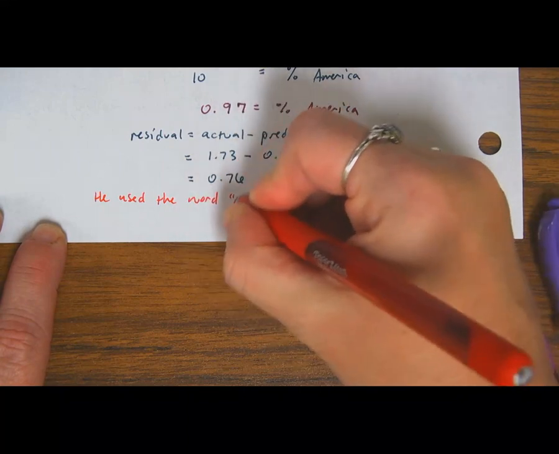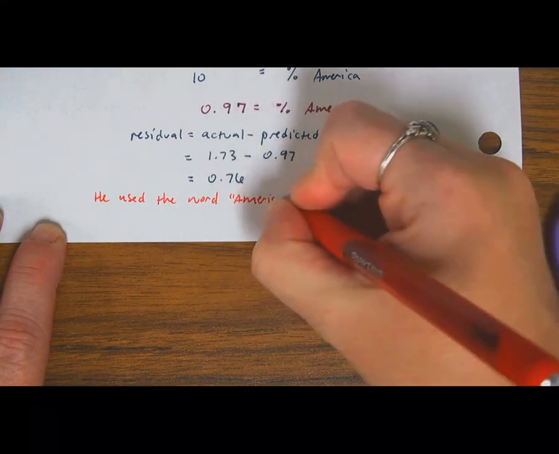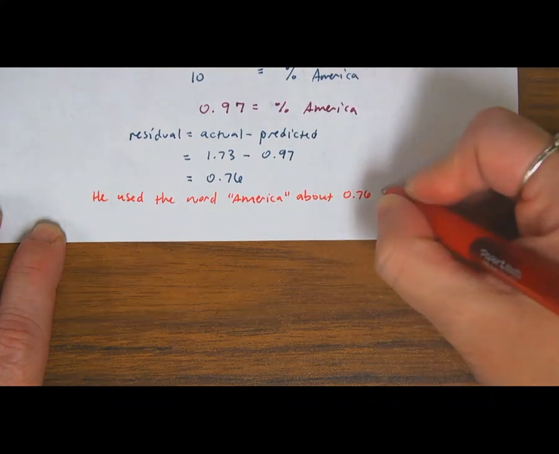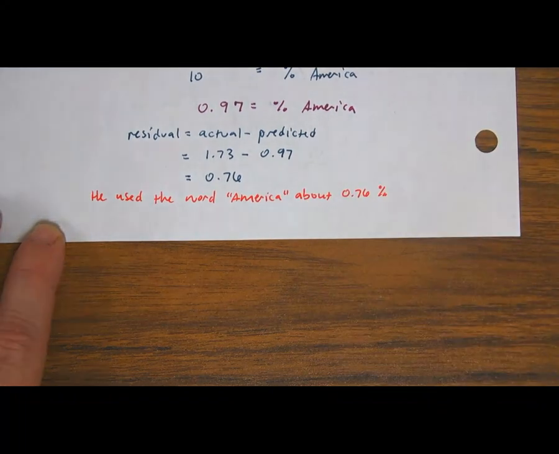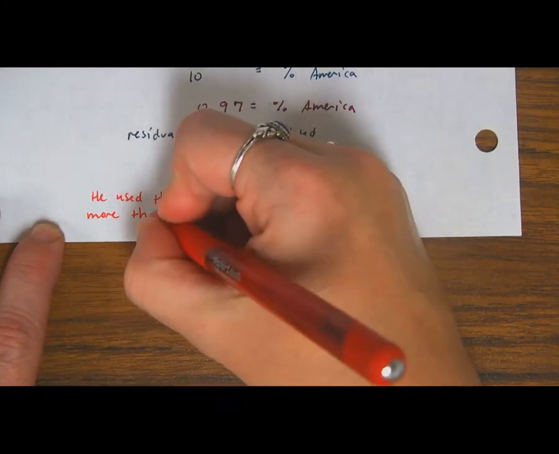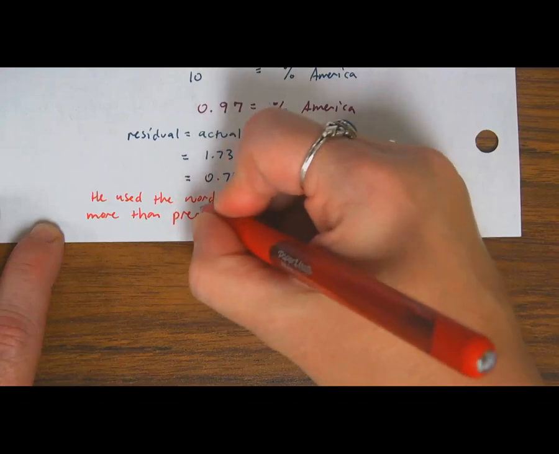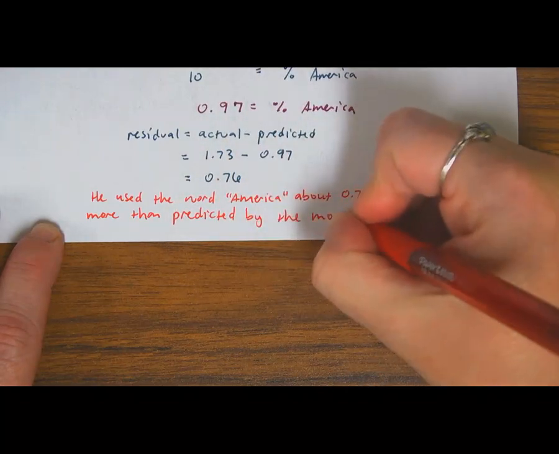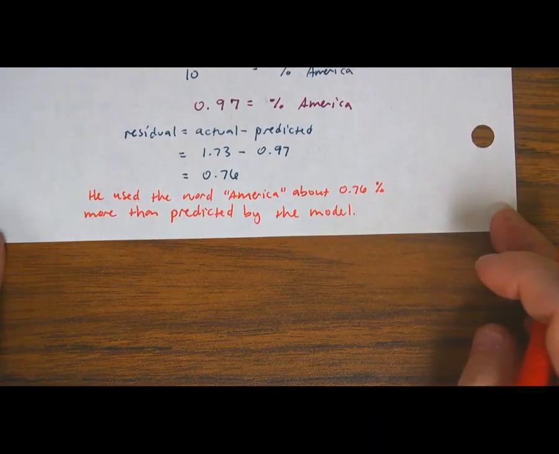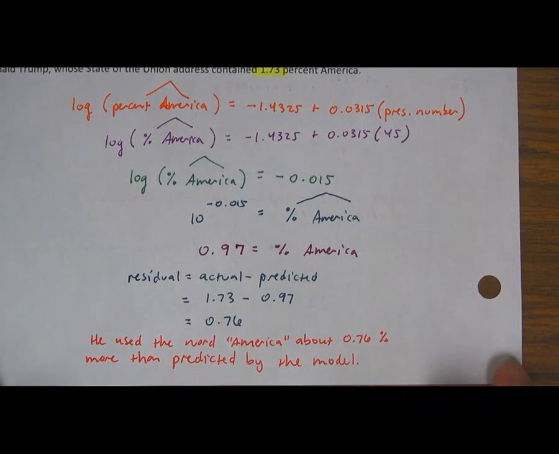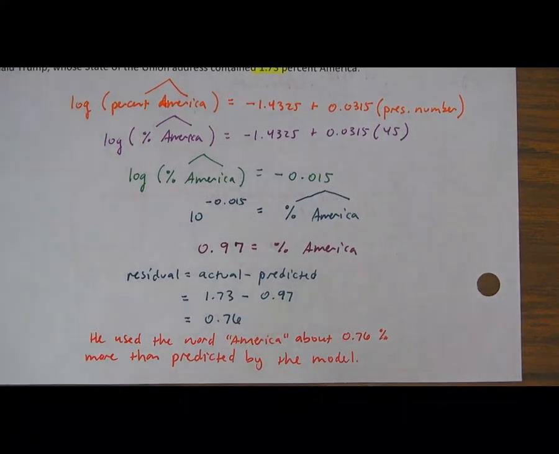He used the word America about 0.76% more than predicted by the model. So that involved more work than you might have initially thought. But that's it.